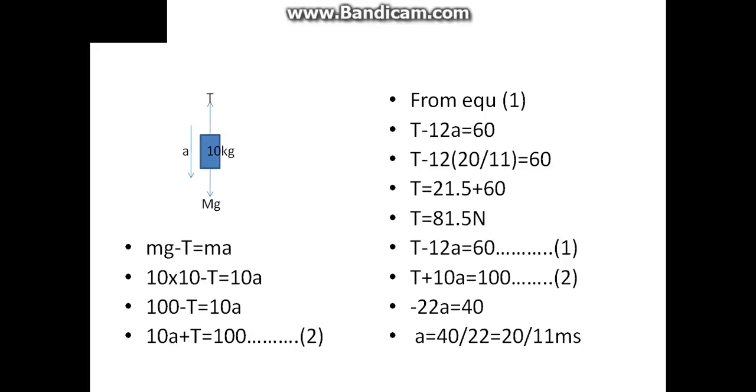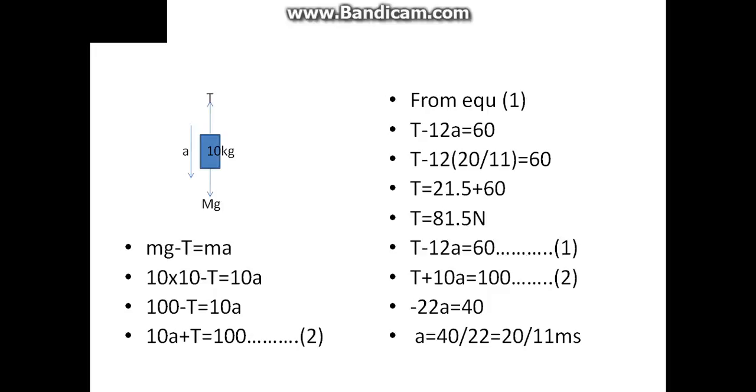Then, substituting the value back into equation 1, I have T minus 12a is equal to 60. T, that is the tension, minus 12 times 20 over 11 is equal to 60.